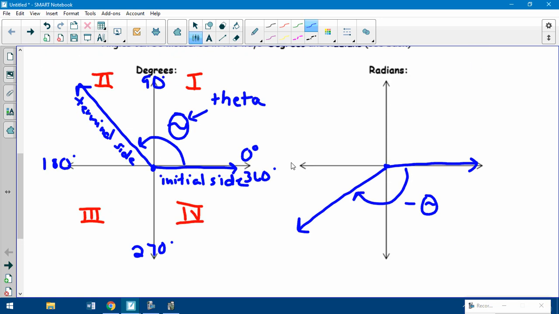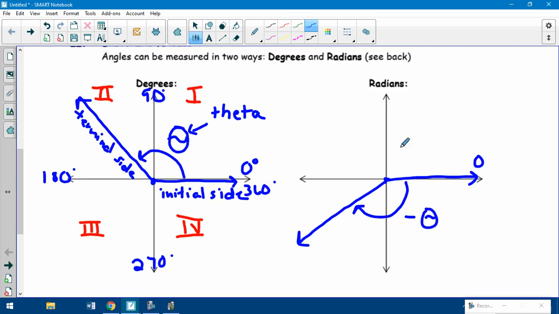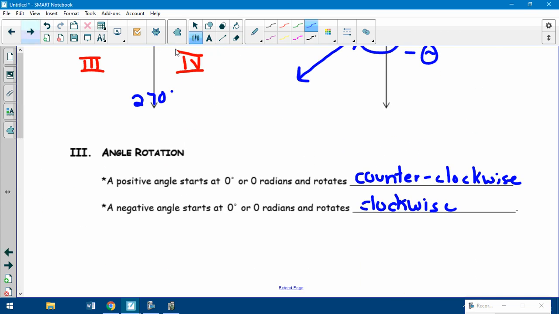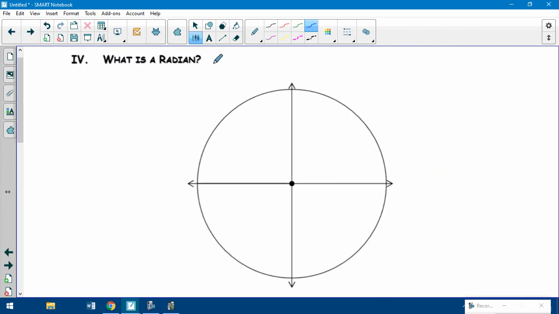Okay, so now let's talk about radians for a second. Just like this is 0 degrees, this is 0 radians. And think about it as a circle again. If I go all the way around a circle, and remember this formula for circumference? Well, actually, before I get into this, I'm getting ahead of myself. Go to the next page. We'll come back to this. Let's talk about what is a radian.